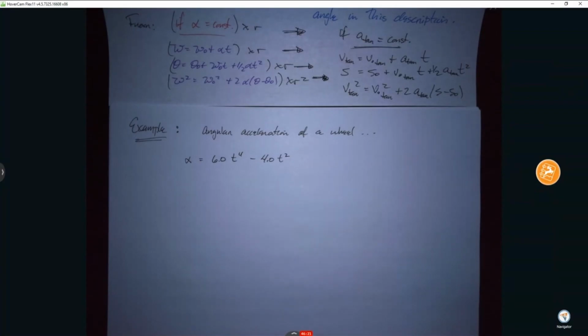Which is funny because radians aren't a unit, but we consider them to be SI type of things. It says at t equals 0, the wheel has an angular velocity of +2 radians per second and an angular position of +1 radians. So this is our condition.